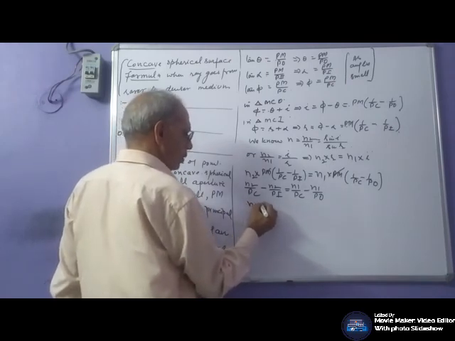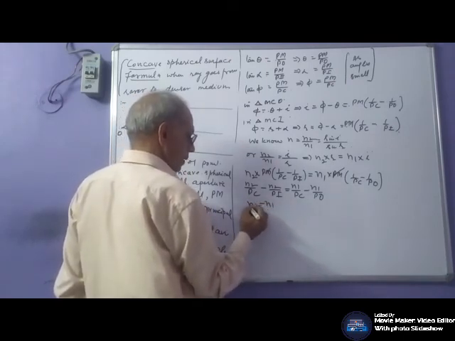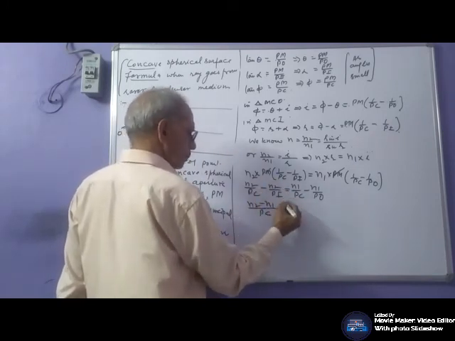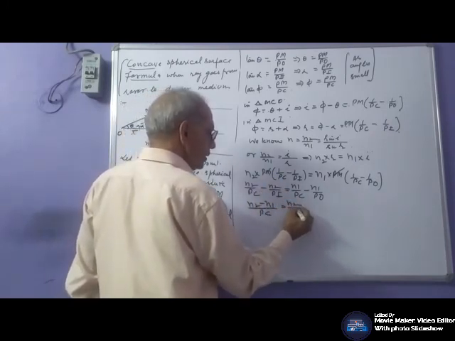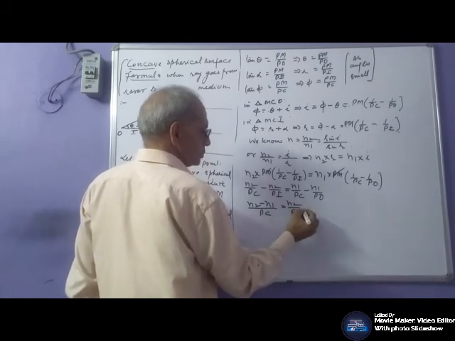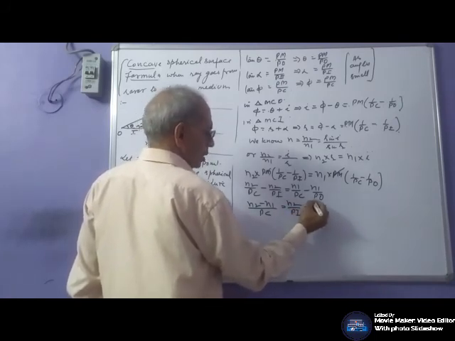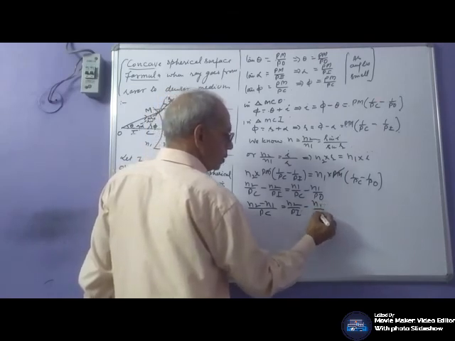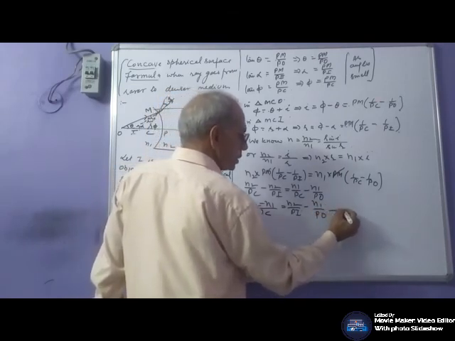Or N2 minus N1 by PC. Take PC this side, N2 by PI, N1 by PO. This is number first.